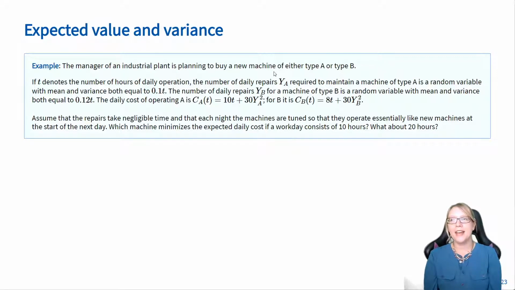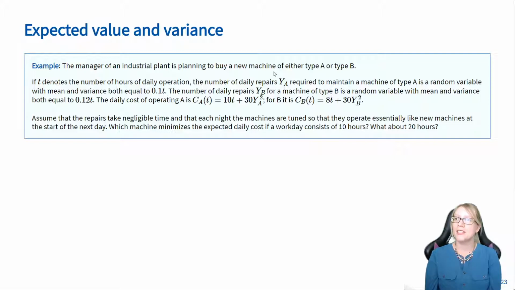All right, let's take a look at another example. We have a manager at an industrial plant who's planning to buy a new machine of either type A or type B. We're going to let T denote the number of hours of daily operation, T for time. The number of repairs required to maintain a machine of type A is our random variable YA.